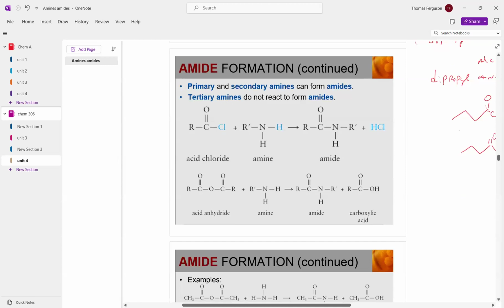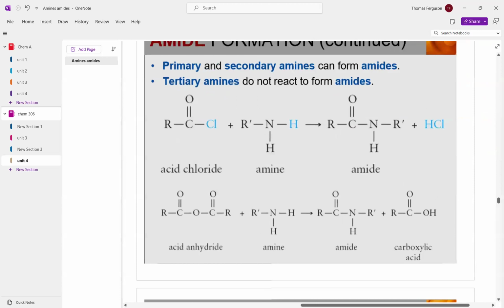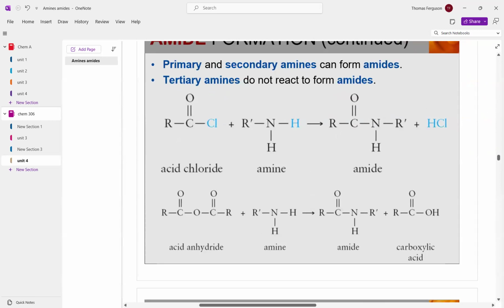Okay, so with the acid chloride plus the amine gives us an amide. When we use the anhydride, it also kicks off the other half of the, remember, an anhydride is two esters together. When we use the acid part of the anhydride, it kicks off the acid part of the other ester.